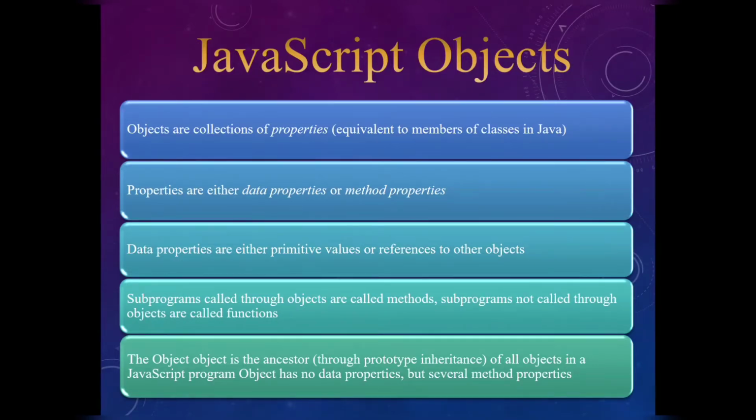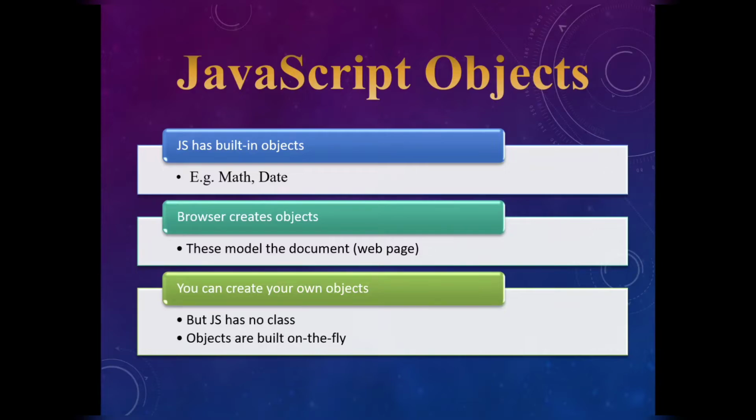The Object is the ancestor, through prototype inheritance, of all objects in a JavaScript program. Object has no data properties but several method properties. JavaScript has some other points. A JavaScript object is an entity having properties and methods.